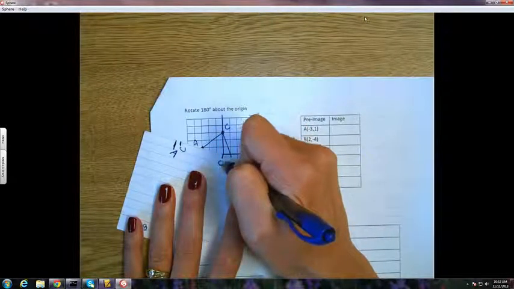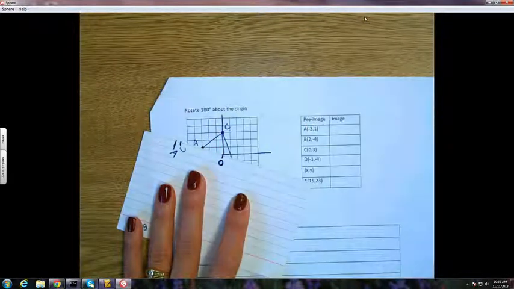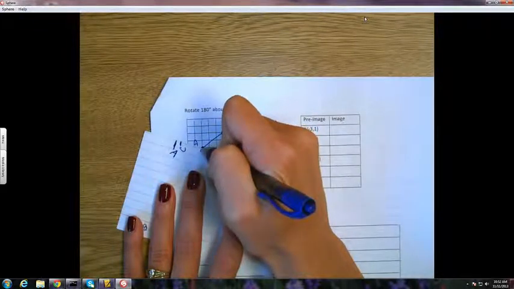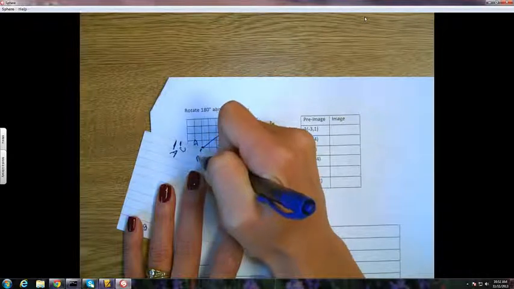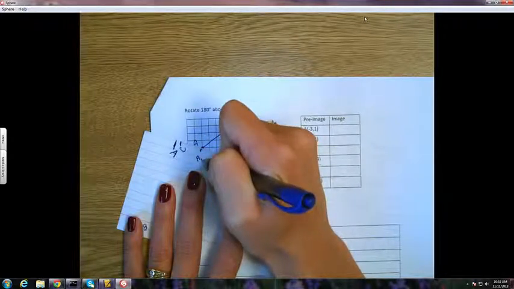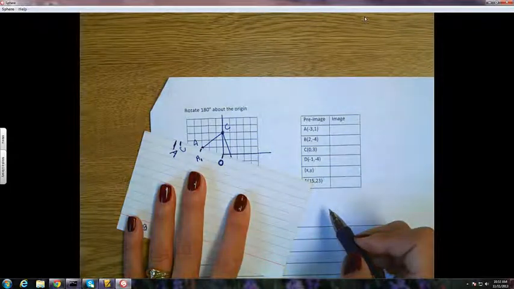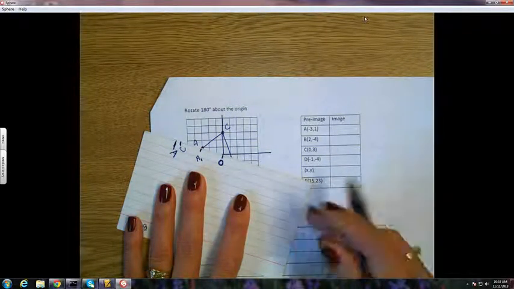O for origin. I'll mark A. New A. Put a little 1 by it. I'd like to see both of those on the other side.